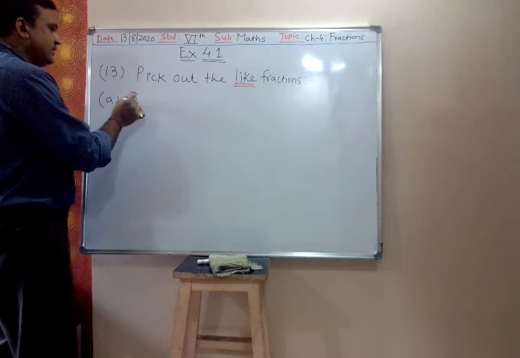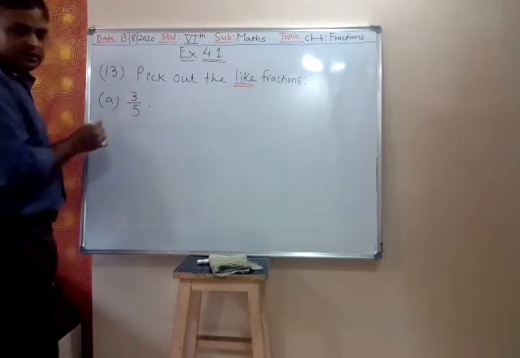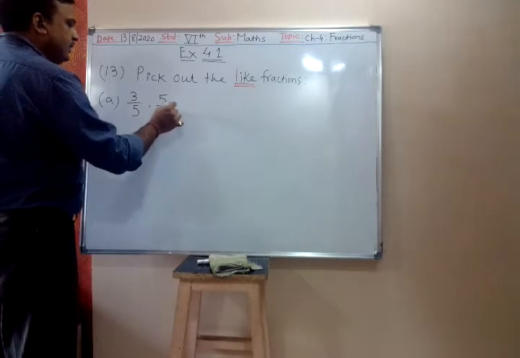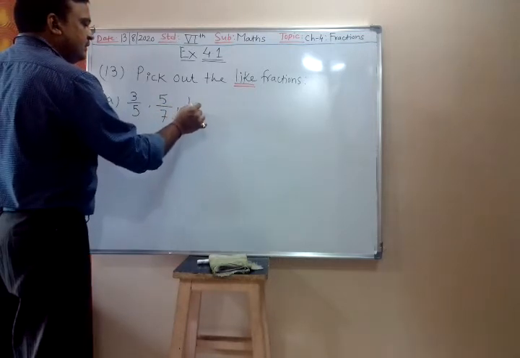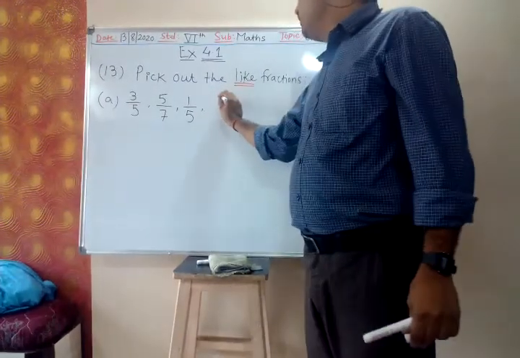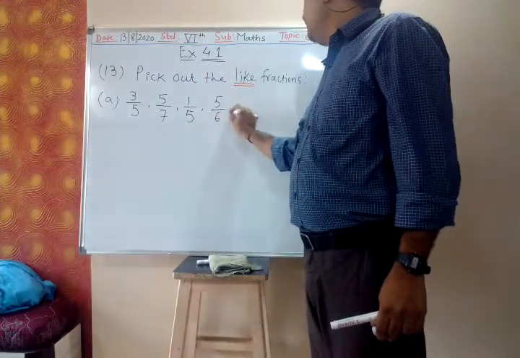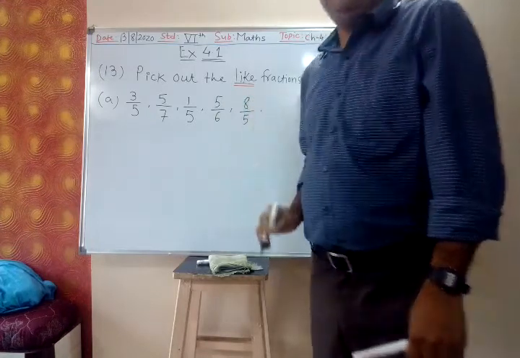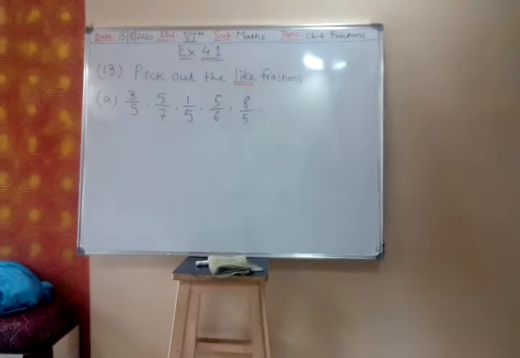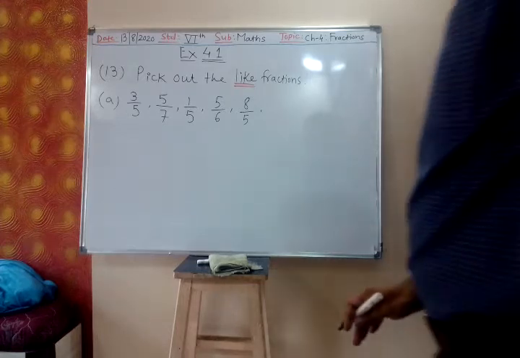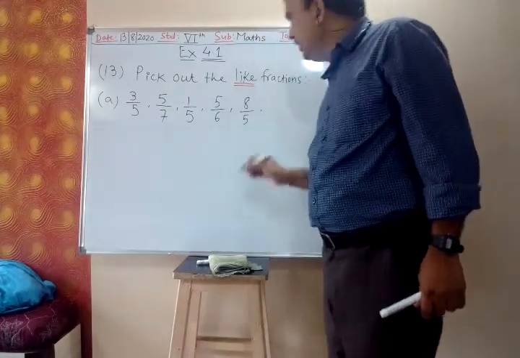So we are given the fractions 3/5, then 5/7, then 1/5, then 5/6, 8/5, and 2/5.